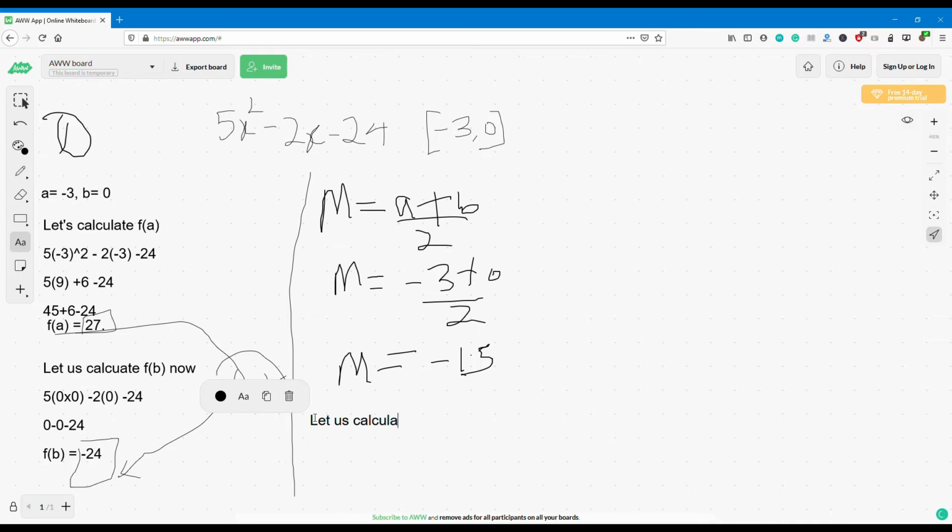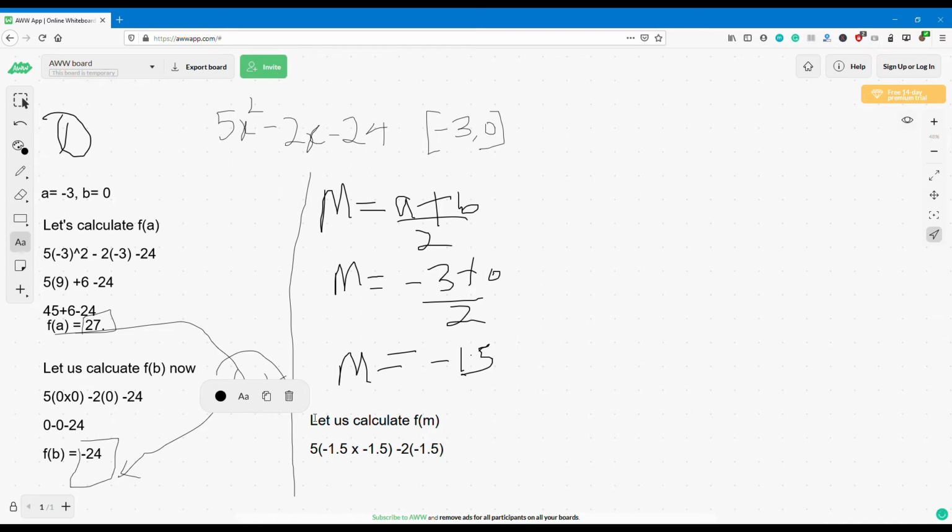So let's calculate f of m. It's going to be very simple. All you need to do is substitute the value of m, which is -1.5, into the original function. So 5 times -1.5 squared, that's -1.5 times -1.5, minus 2 times x, where x is -1.5, minus 24.